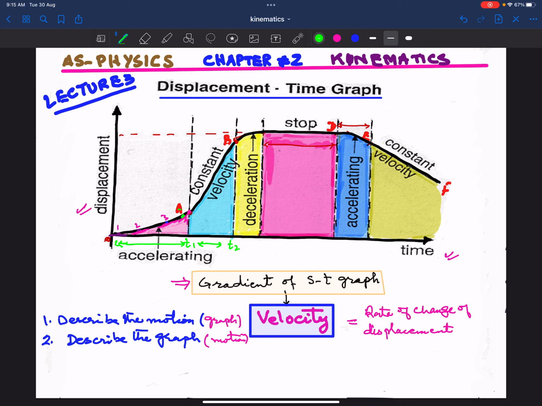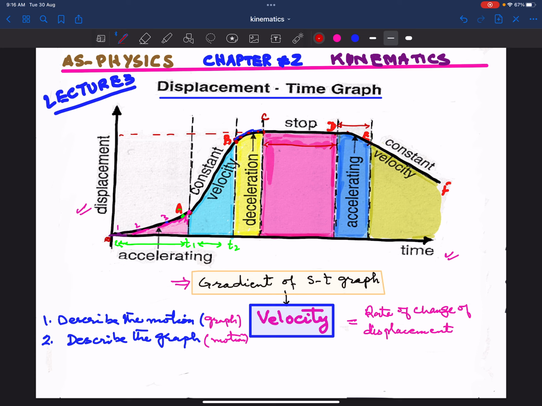Then from point B to point C, the gradient is decreasing and decreasing and decreasing. So the velocity is constantly decreasing.